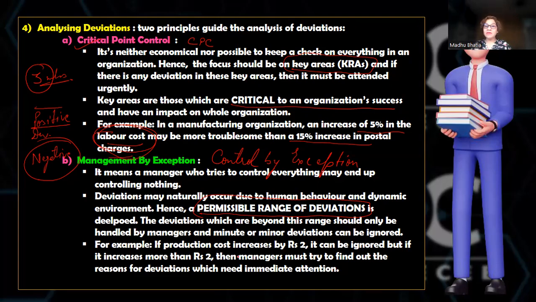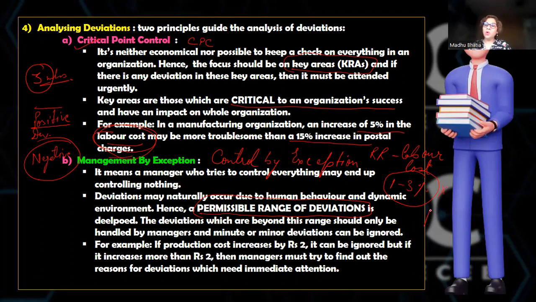Now, here the example given is different. I'll continue with this example. Here we were talking about a 5% increase in the labor cost. Let's say my permissible range for labor cost is 1 to 3%. That means if labor cost increases anywhere from 1% to 3%, it can be ignored.